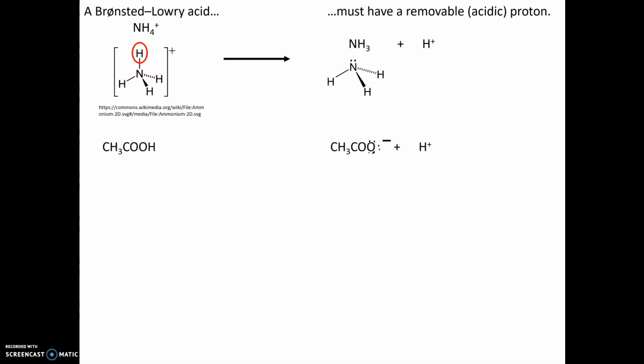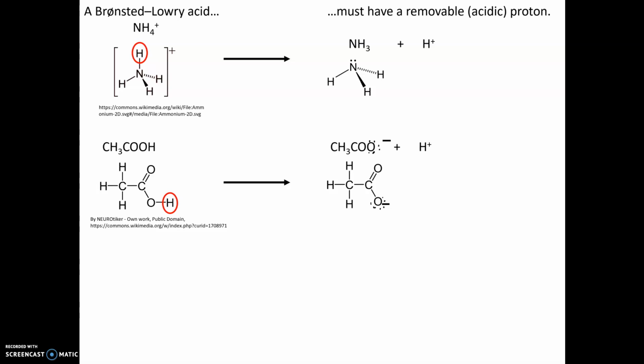In organic molecules, hydrogens attached to carbon are not easily removed, but a hydrogen attached to oxygen can be removed. In acetic acid, which is in the second equation, the hydrogen on the end of the COOH can be removed and it forms the acetate ion.